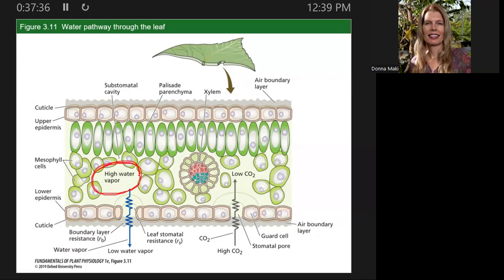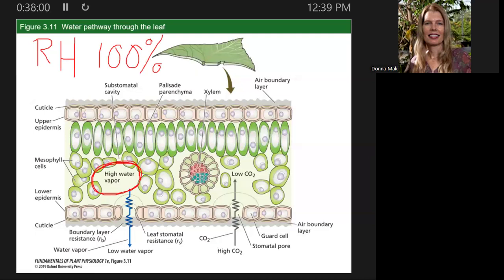I find it a little bit easier to think about what's going on if I think about relative humidity for this particular idea. So inside the leaf, it's pretty close to 100%, just a touch under that. So plant physiologists said, let's just call it 100% in the leaf. So basically, the air spaces in the leaf are fully saturated with water vapor.